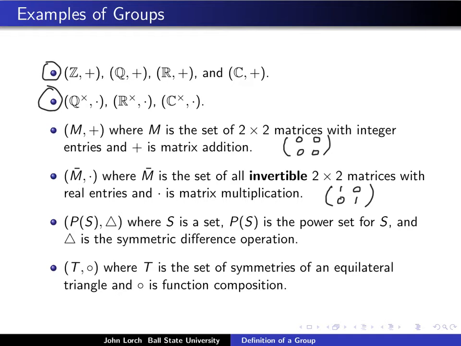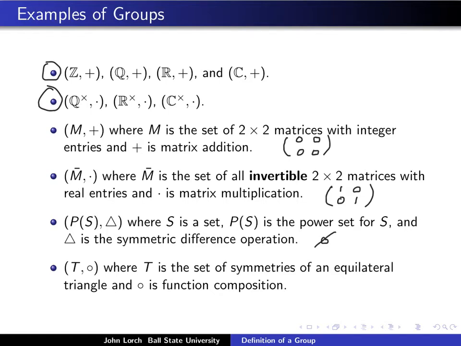And then in your reading, you've encountered this group, P of S, comma, triangle, where this P of S is the power set of a given set S, and the triangle represents the symmetric difference operation. So that turns out to be a group, and the identity there is the empty set.